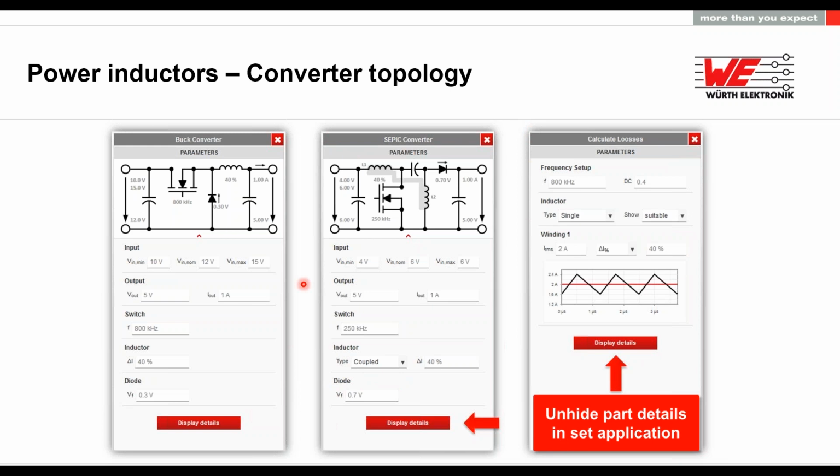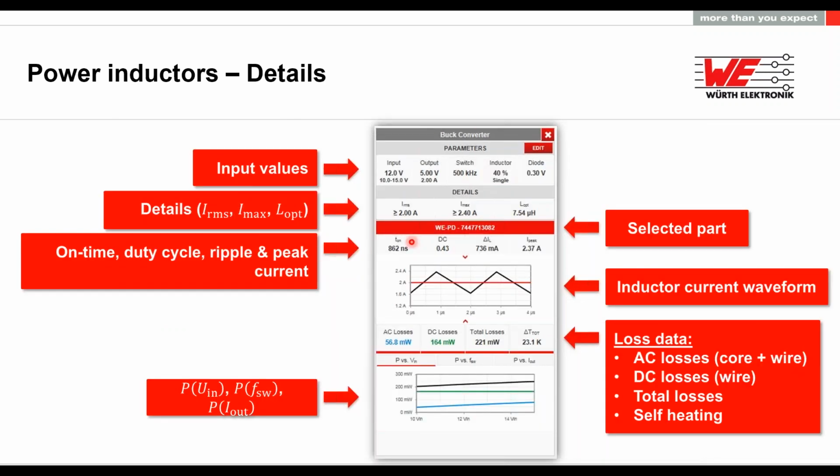This will ask you for some basic converter information like input voltage of the converter, output voltage, the output current, switching frequency, the allowable ripple in the inductor, and the forward voltage of the diode which is used in the system. When you give all this basic information, you get the results of the simulation.